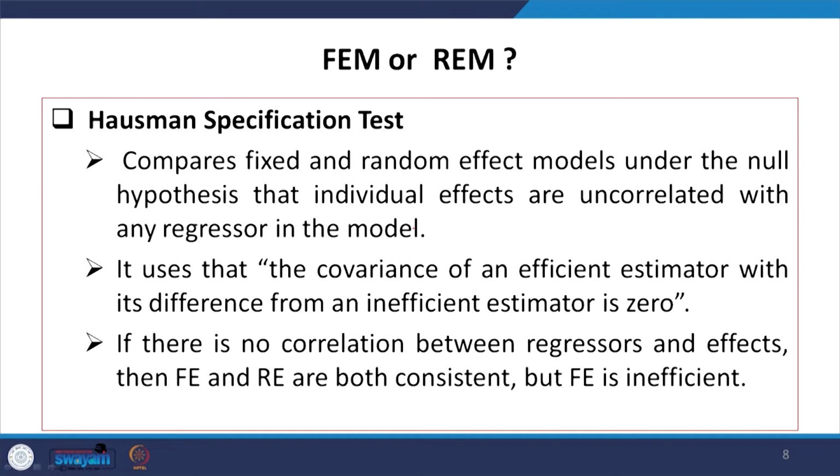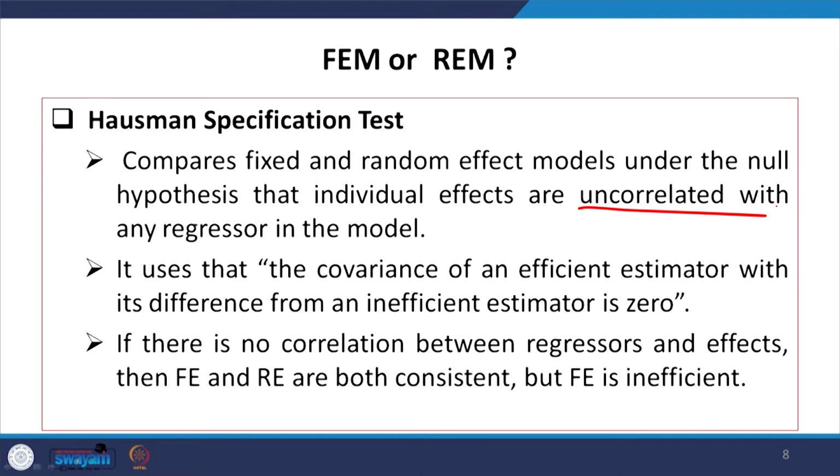It is very clearly spelled out. It uses the fact that the covariance of an efficient estimator with its difference from an inefficient estimator should be 0.